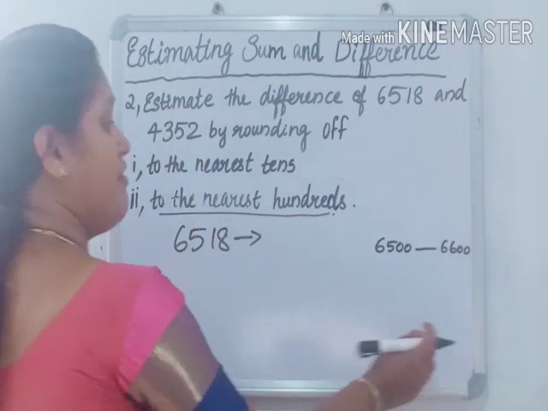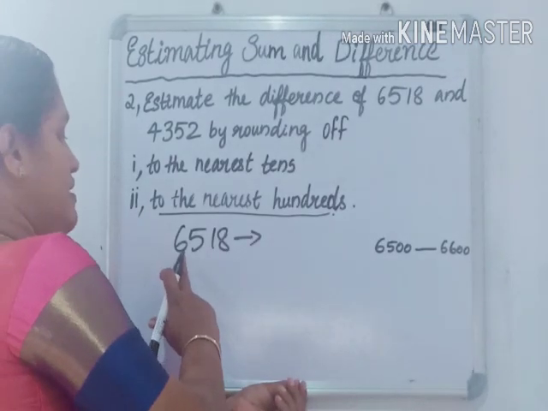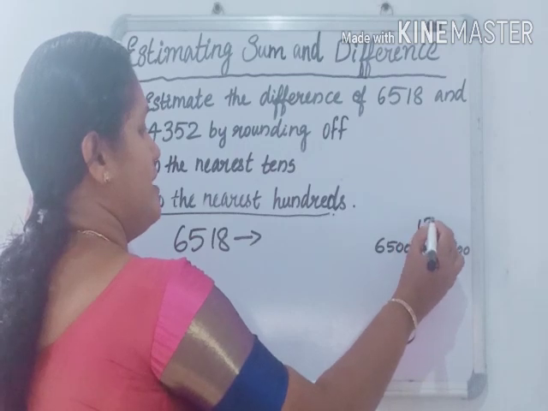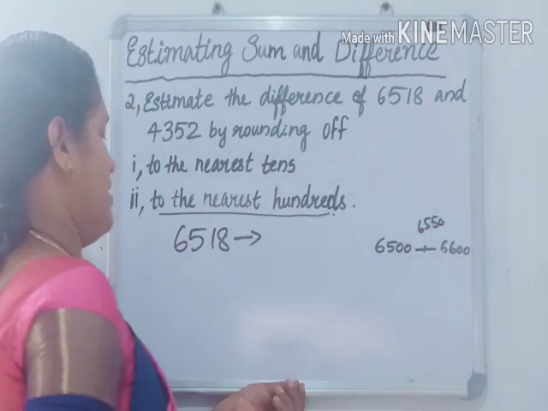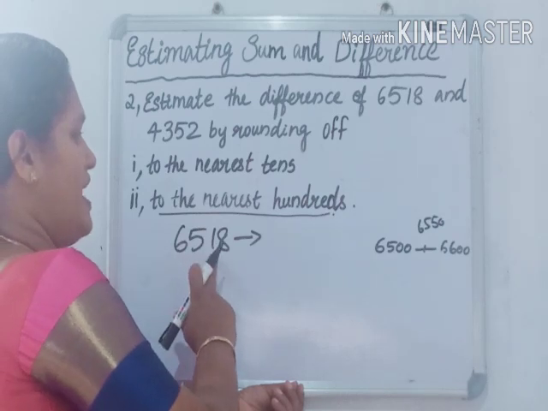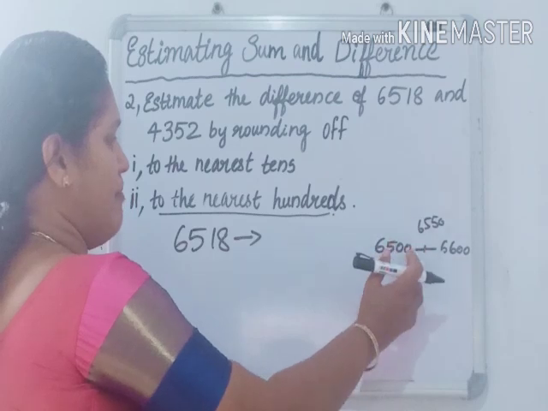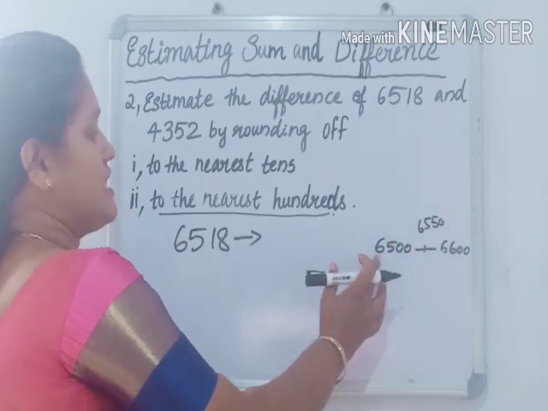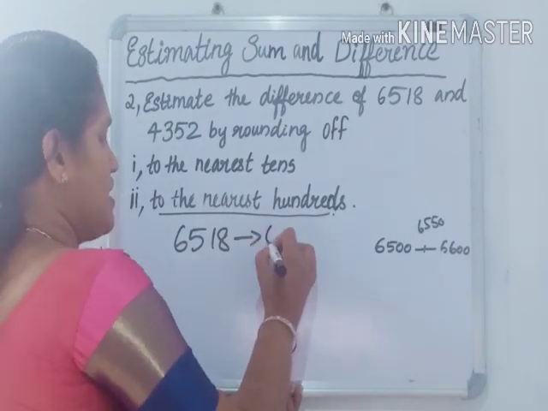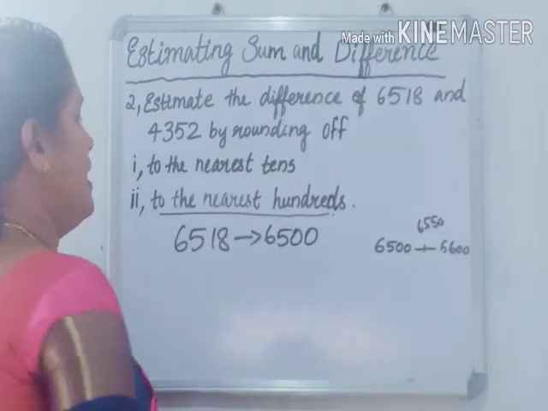Okay, we already studied that now. Here, which is the middle number? 6550 is the middle number. Where is the position of 6518? It is before the middle number. It is nearer to 6500. So it is rounded down to 6500.